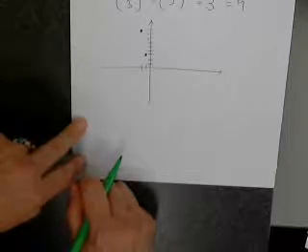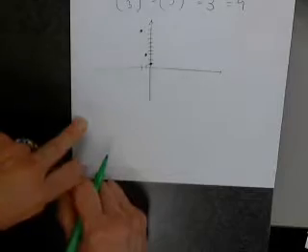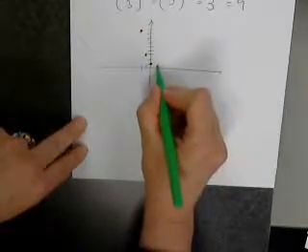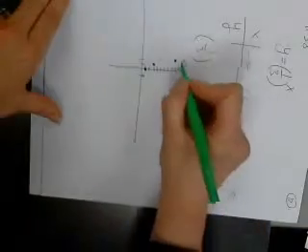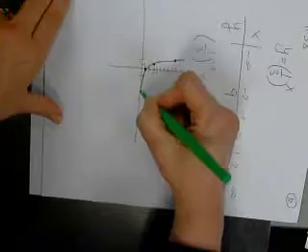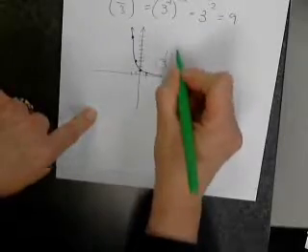Next ordered pair. Next ordered pair. Yep. And now it's becoming difficult. So this is the graph of 1/3 to the x.